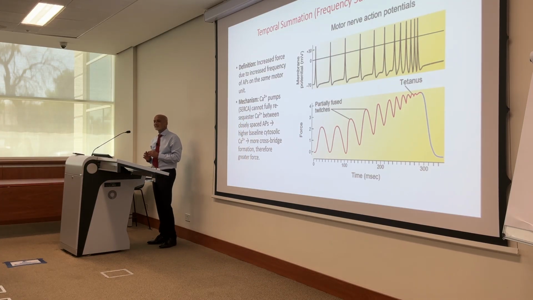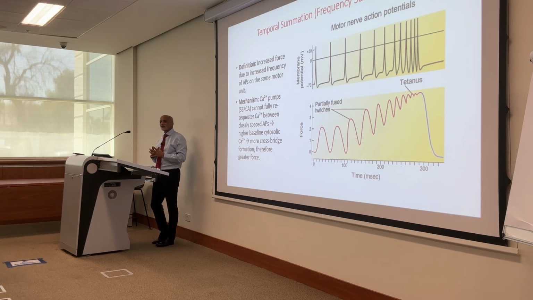The fancy way of saying that is just increase the frequency of action potentials. Okay? Again, if you do this on a single motor unit, I'll come to what motor unit means in a minute, then you will add this thing up as you go up. Okay? Why?